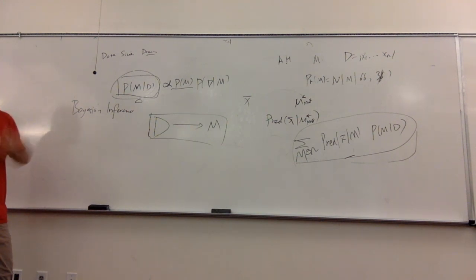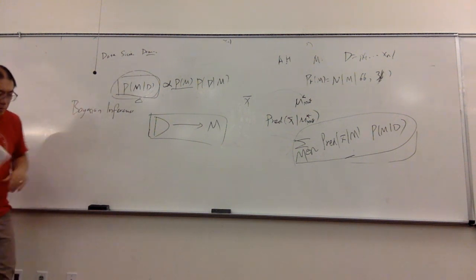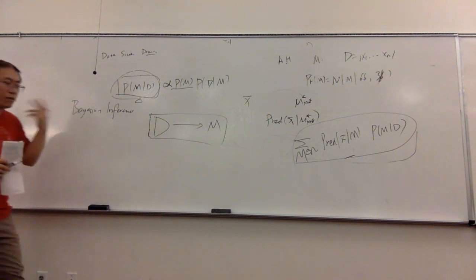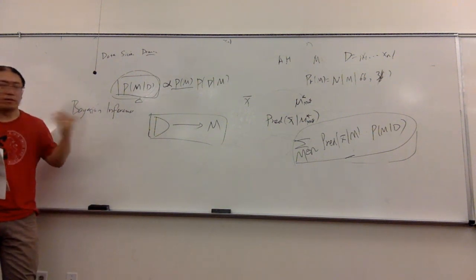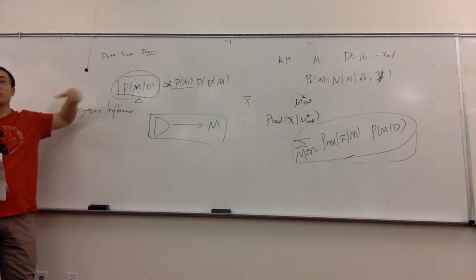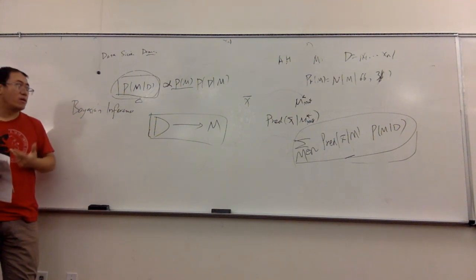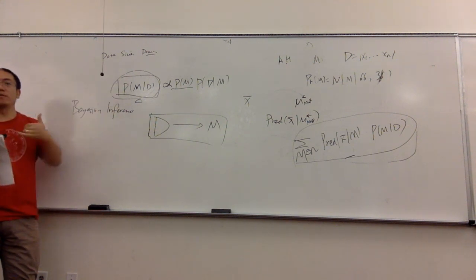Okay. So Bayesian inference focuses on the posterior probability, right? Actually, it involves some kind of debate between the frequentist point of view and the Bayesian point of view. From the Bayesian point of view, we consider everything as a random variable. So model M is a random variable, so it has a distribution. But from the frequentist point of view, they just assume model M is kind of a point.